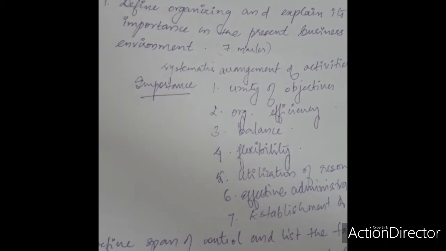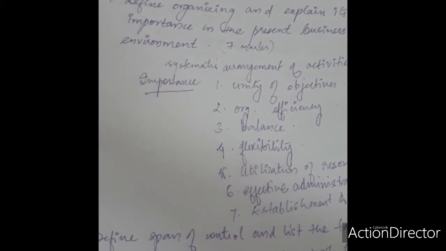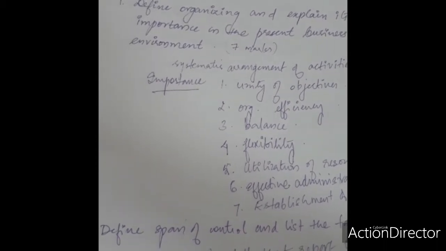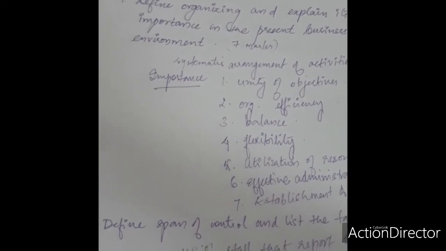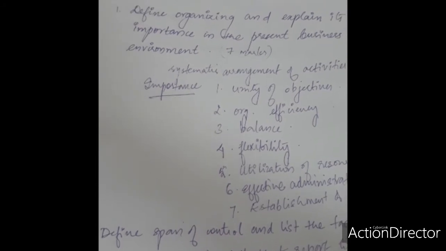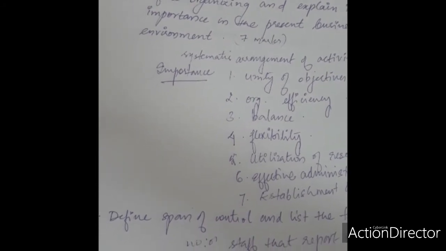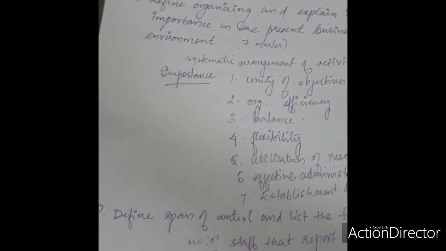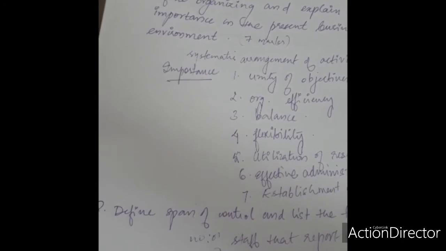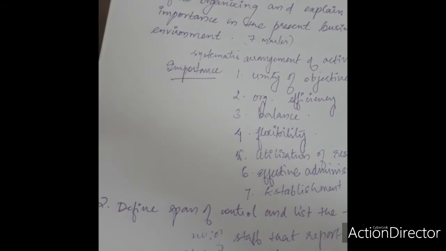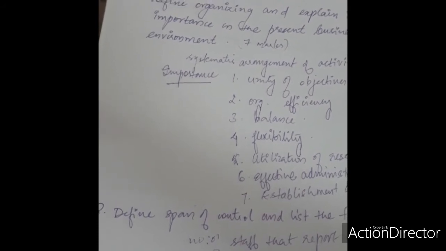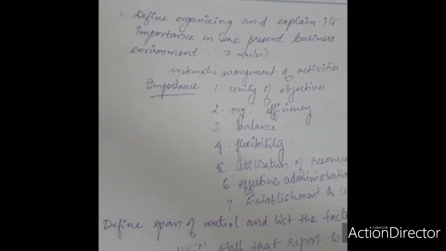It further states that the structure should permit optimum utilization of resources. So the organizational efficiency will increase once the structure has a planned organizational objective, and also when the structure uses the resources in an effective manner. So that's the second one.